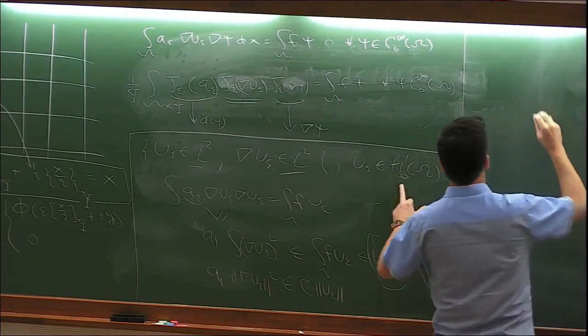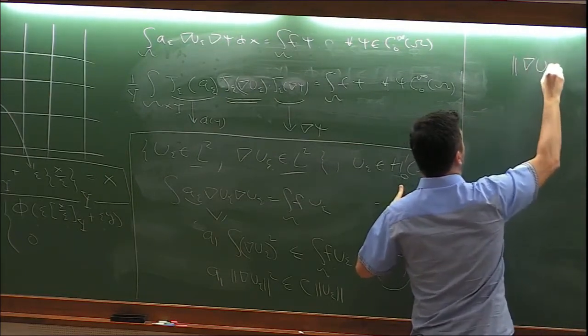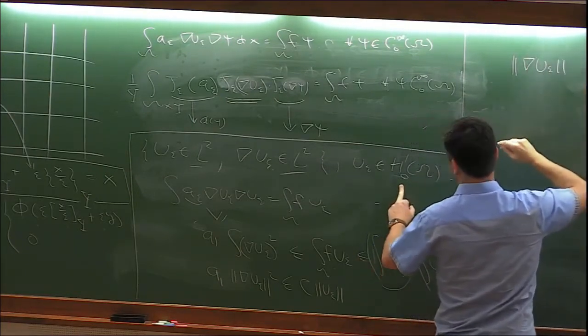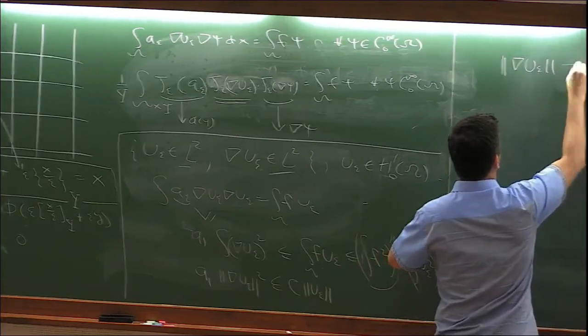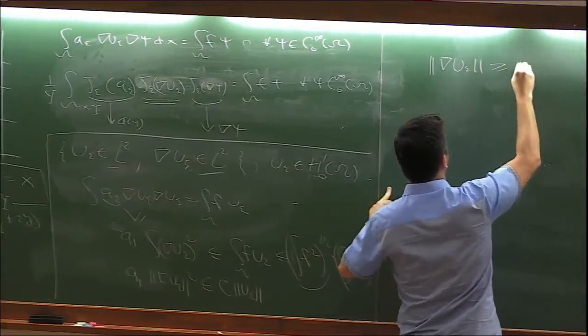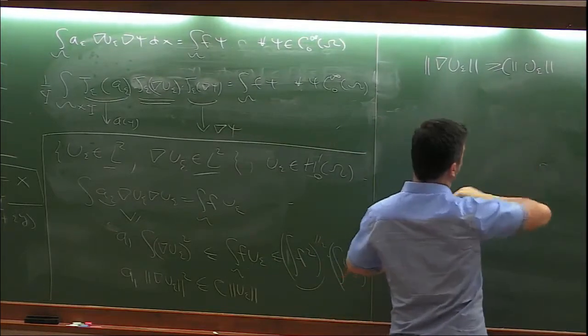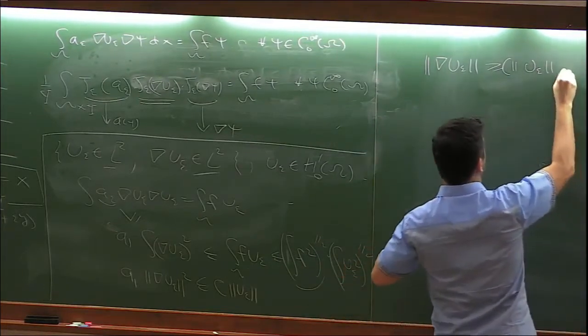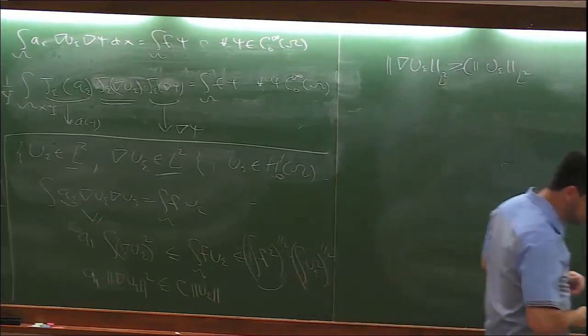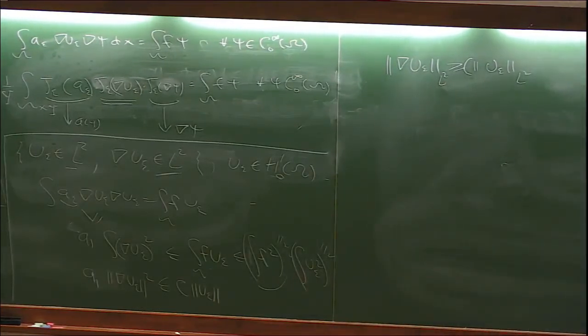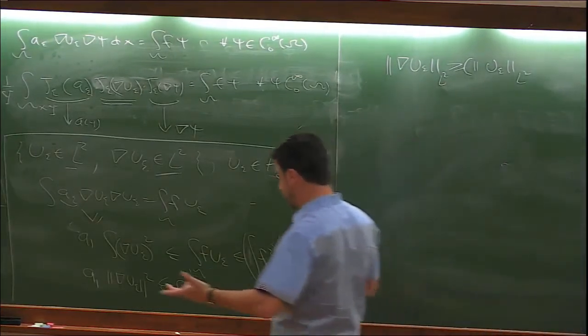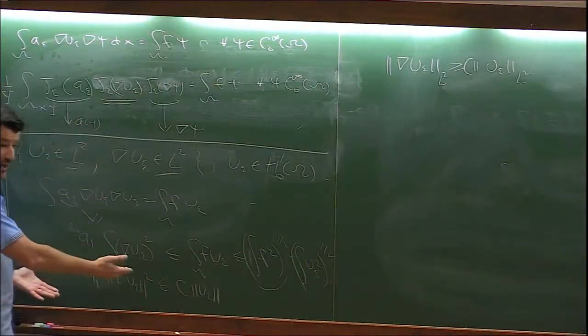And for this space, we have that the gradient norm, with some constant depending on the set, controls the L2 norm, okay? For these functions. And so now you can apply it here in both ways and you get bounds.